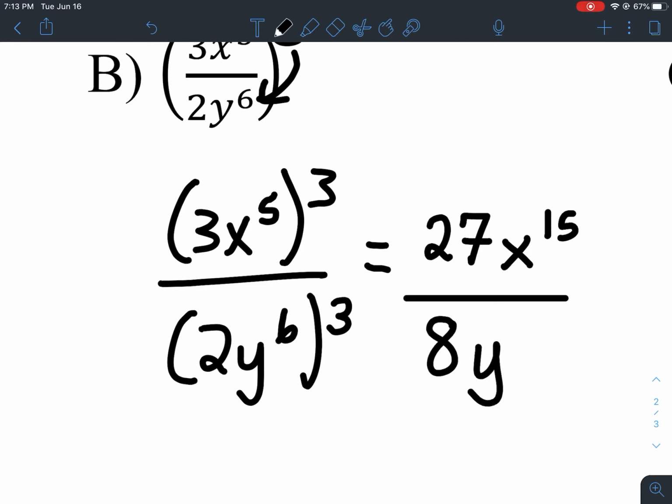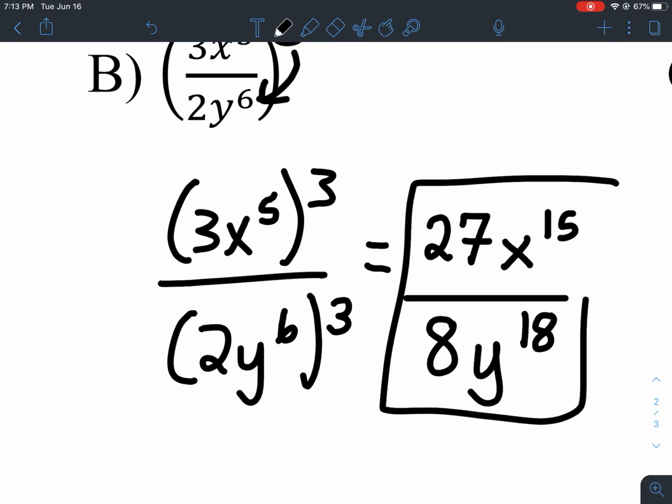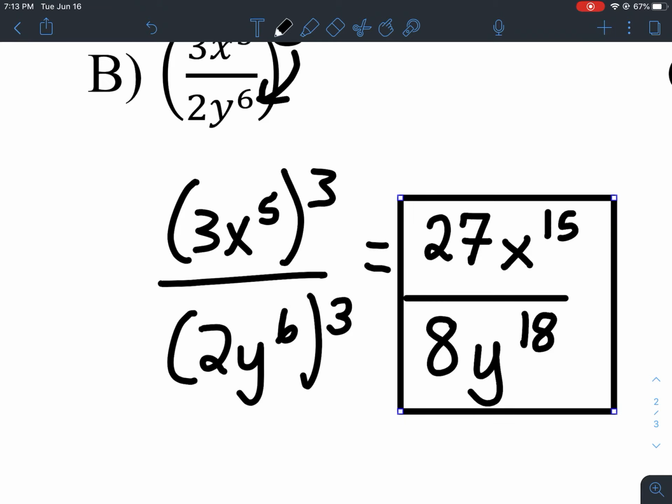And then we have y to the 18th. And then we think, can we simplify 27 divided by 8? No. Our bases are not the same with x and y, so that's really all we can do. So there's your answer.